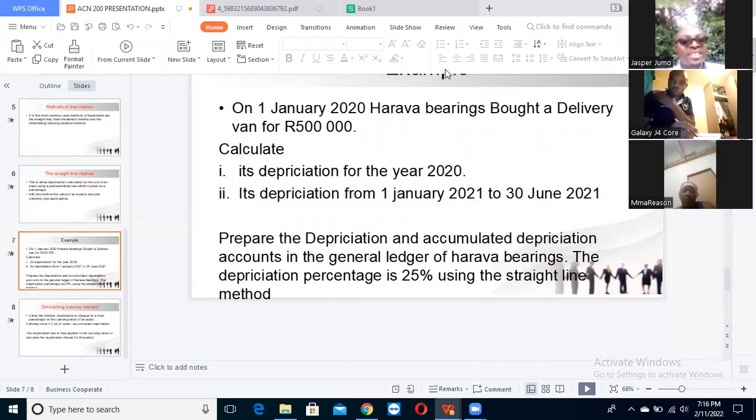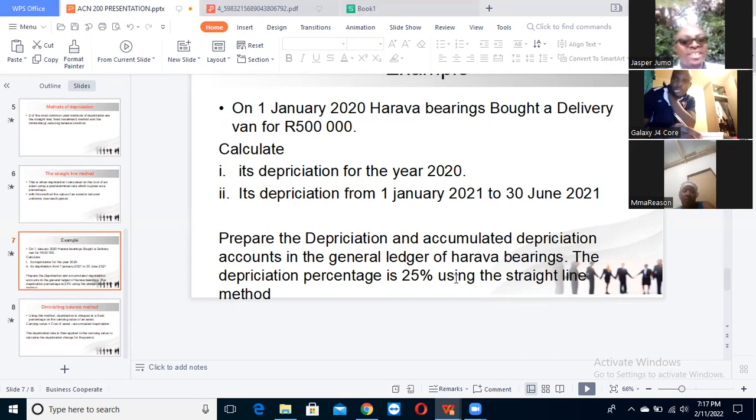So the first thing that we do, we want the depreciation for the year 2020. So we want to see when was the asset bought? It was bought on 1 January 2020, and we are asked to calculate the depreciation for the year 2020, which obviously ends on the 31st of December 2020. So you want to calculate depreciation for the whole 12 months.